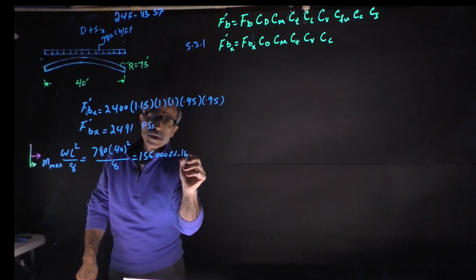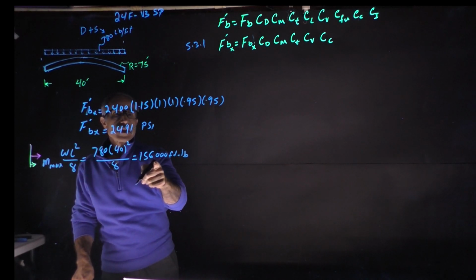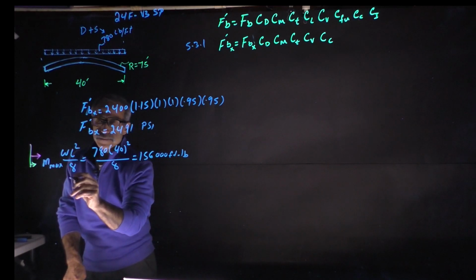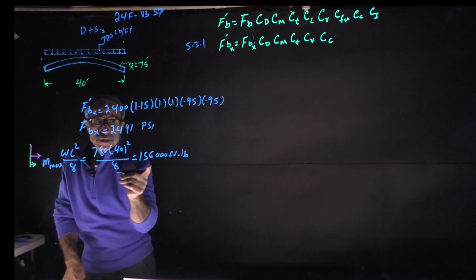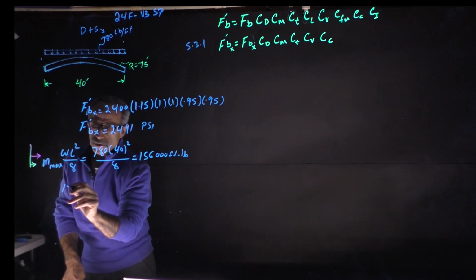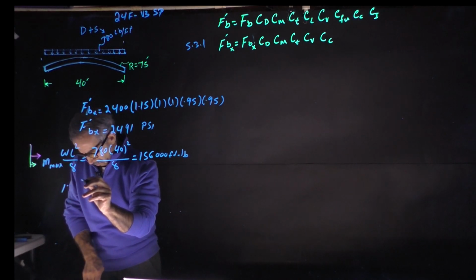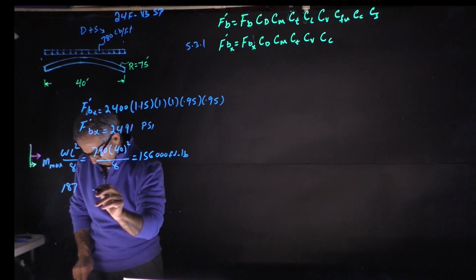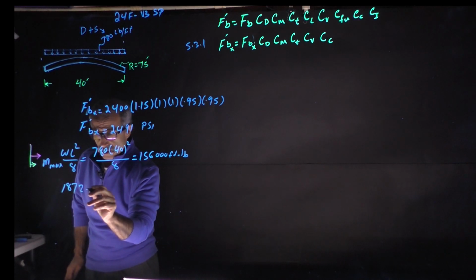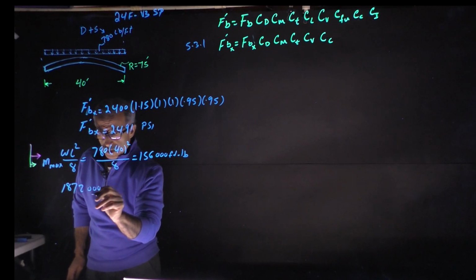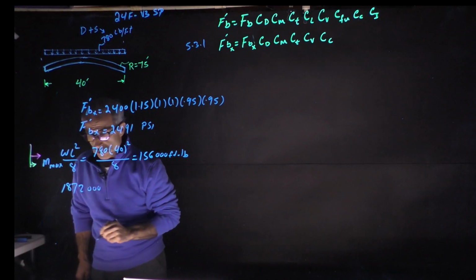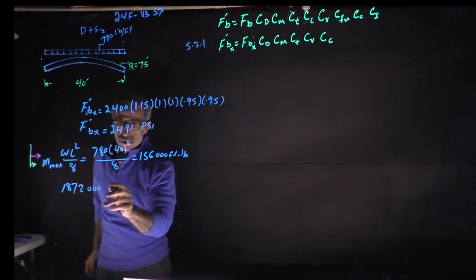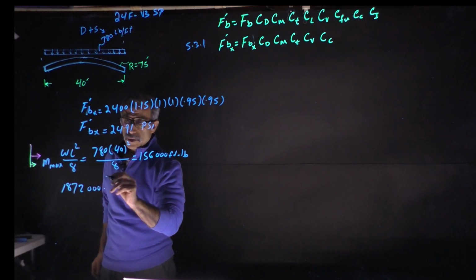But I don't need that, I want inch-pounds. So let's convert that to inches: 156,000 times 12, which becomes 1,872,000. Yes, 1.87 million. So that becomes that, and now we have that.